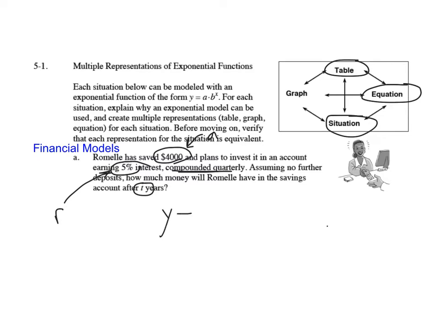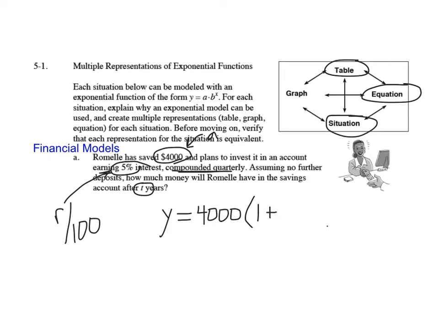So if y is going to be our output value and 4,000 is our initial value, then we're going to take 4,000 times 1 plus our interest rate as a non-percentage decimal.